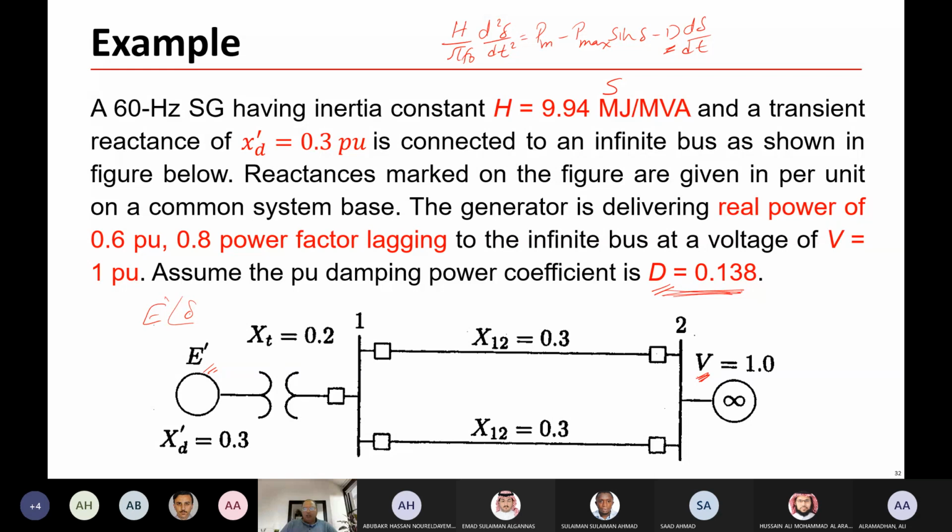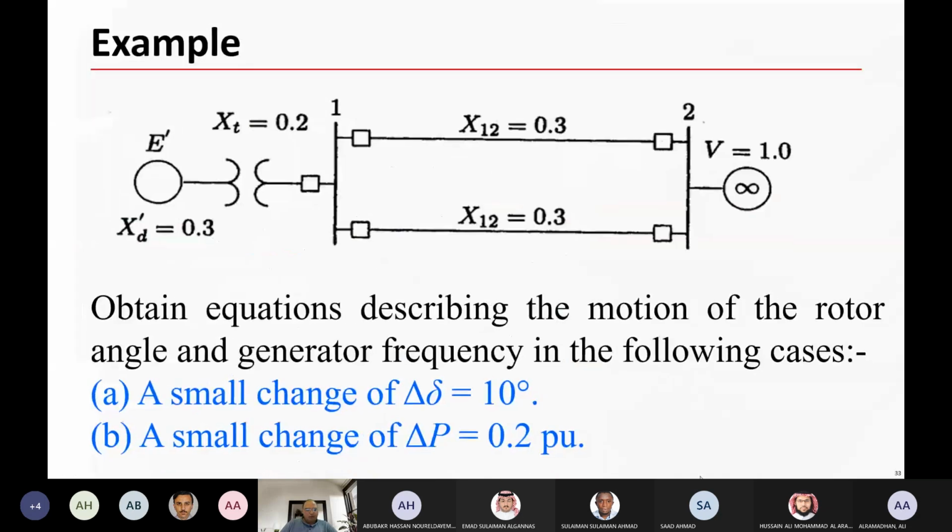How can we calculate this? We have the initial real power delivered, we have the power factor, and we have V equal to 1 per unit. Okay, so we have this angle 0. We usually assume the infinite bus voltage has an angle 0.